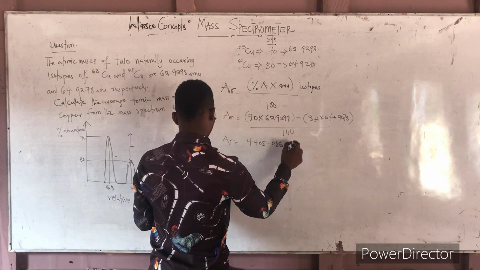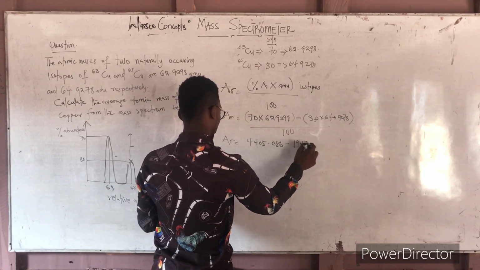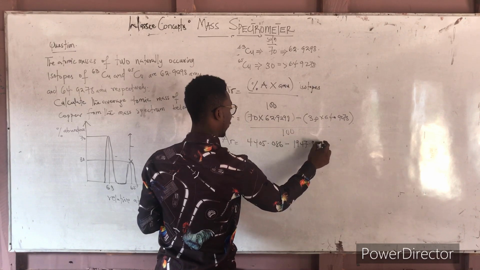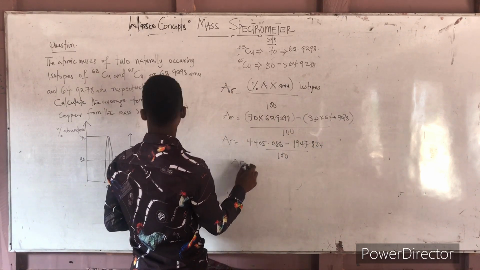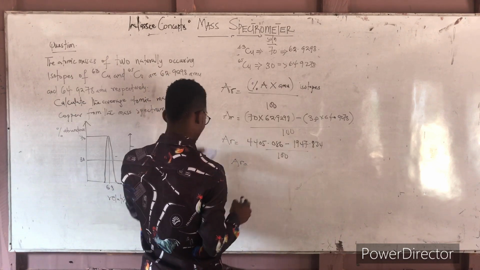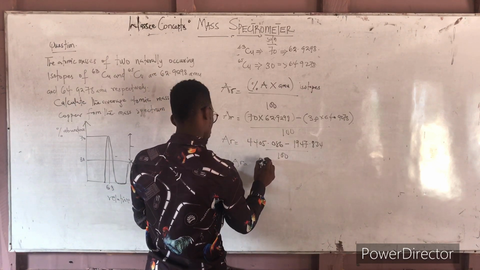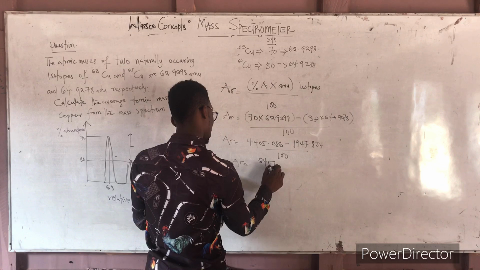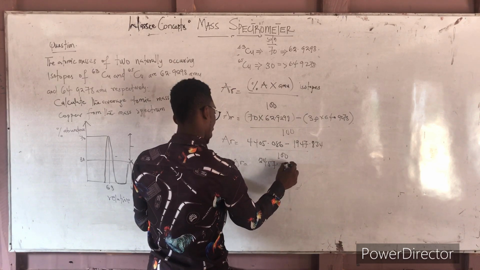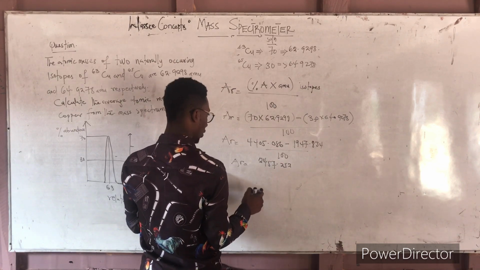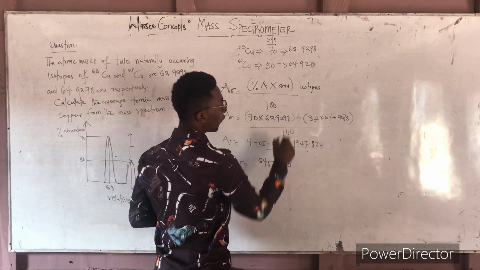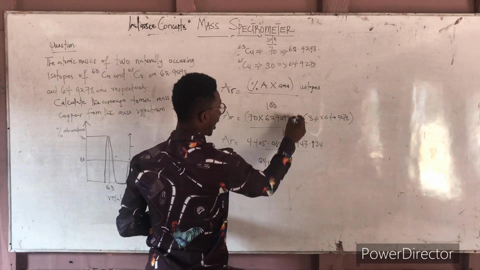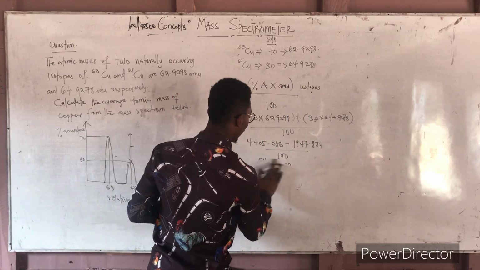If you do these values, you get 4405.086 minus 1947.834 divided by 100, which gives 2457.252. Sorry, it's not a difference, it's the addition. You have to add the two of them.